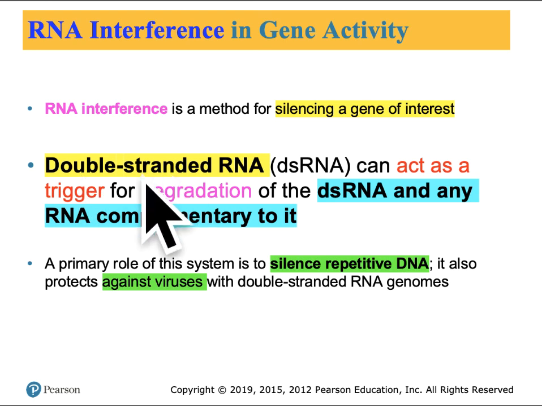And once you make something into a hairpin, it then becomes fodder for a protective mechanism that operates within cells, either to fight off viruses or to naturally silence repetitive DNA or genes that are not needed in high dosage.